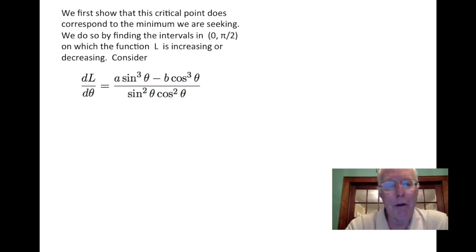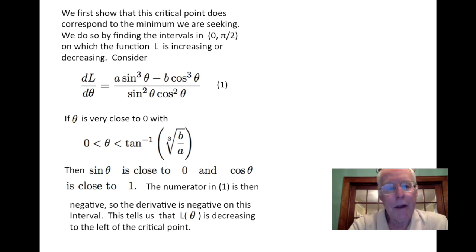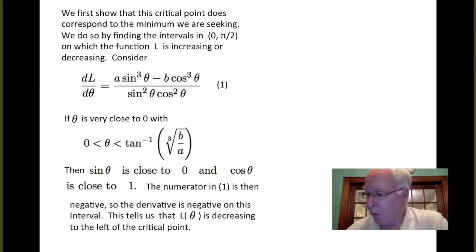So we're going to do this by looking at the subintervals of our 0 to pi over 2 interval on which this function is increasing or decreasing. So let's consider this first derivative again, as we see right here. So our goal here is this.